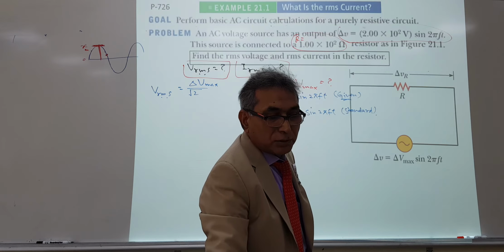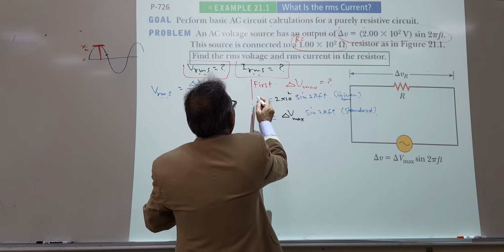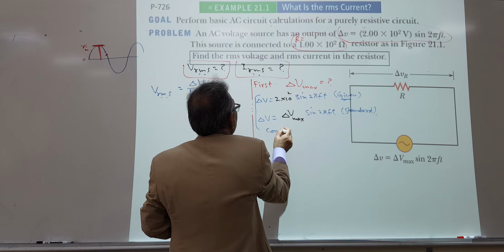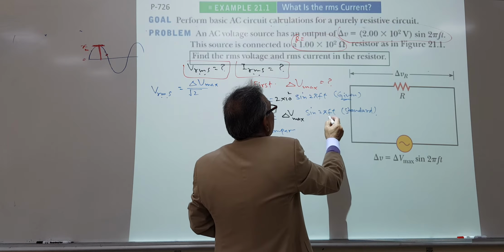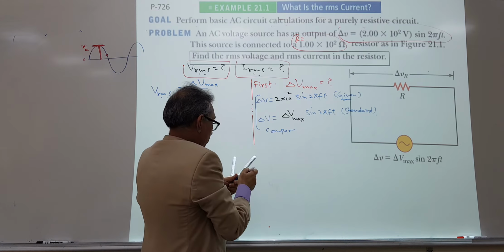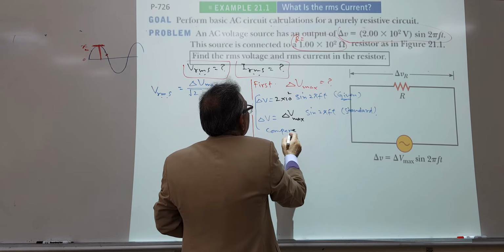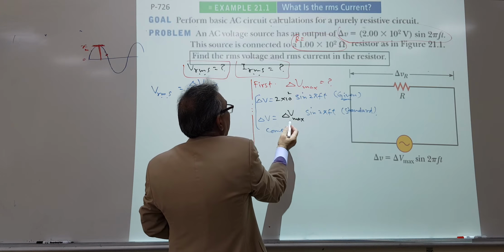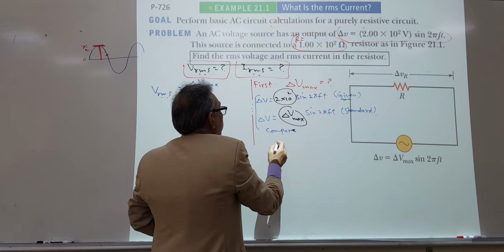Now if you compare these two, you see delta V sine 2 pi f t, in black just so that you can identify. So comparing these two equations, I get delta V max is equal to this much.